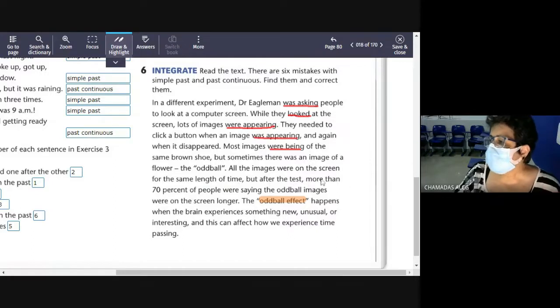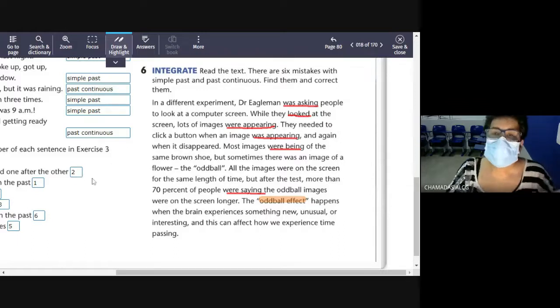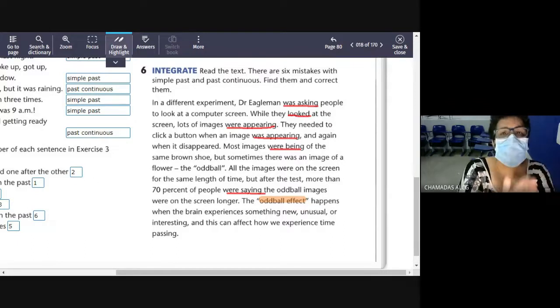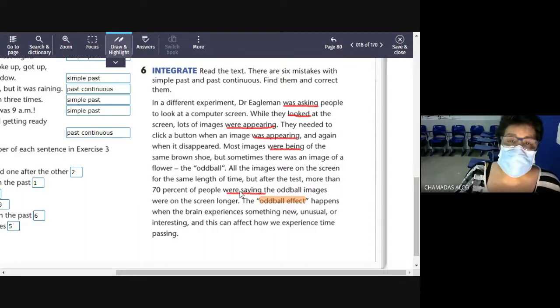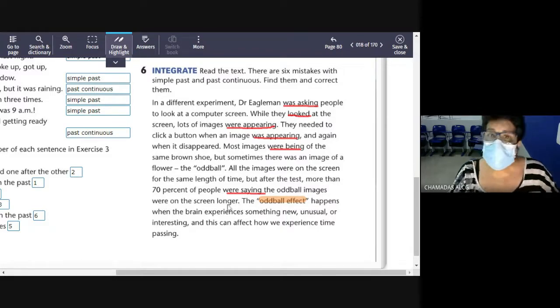But after the test, more than 70% of people here, after the test, is a sequence of events. So here we should say said, not were saying, okay? More than 70% of people said the oddball images were on the screen longer.